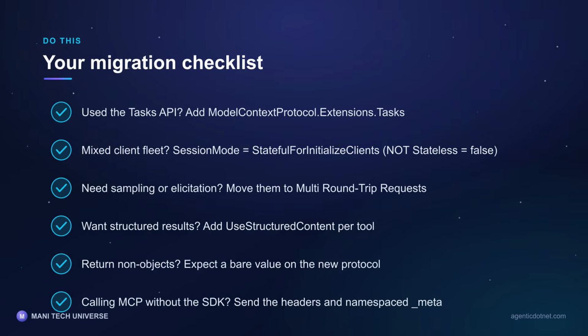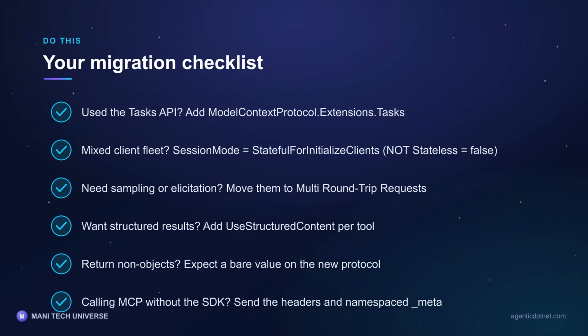So, your checklist. If you use the tasks API, add the extensions package. If you have a mix of old and new clients, set session mode to stateful for initialized clients, and specifically do not reach for stateless equals false, because that refuses the new ones. If you depend on sampling or elicitation, move them to multi-round trip requests.